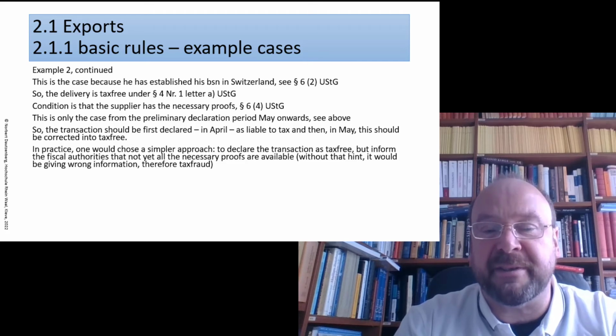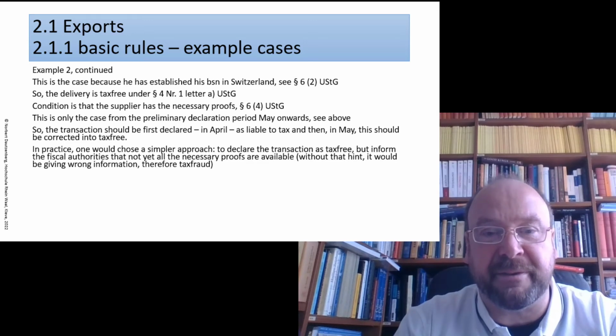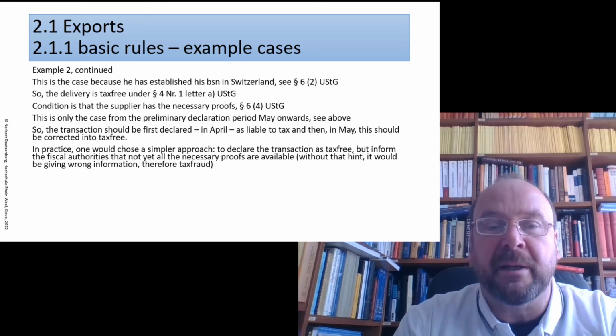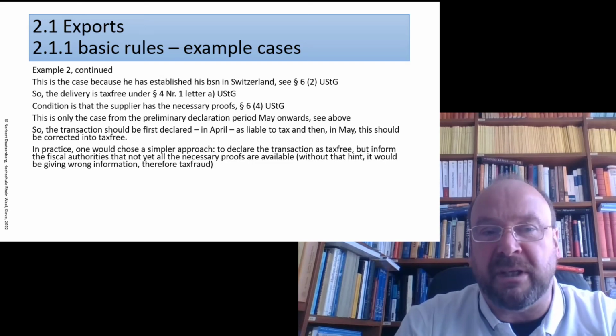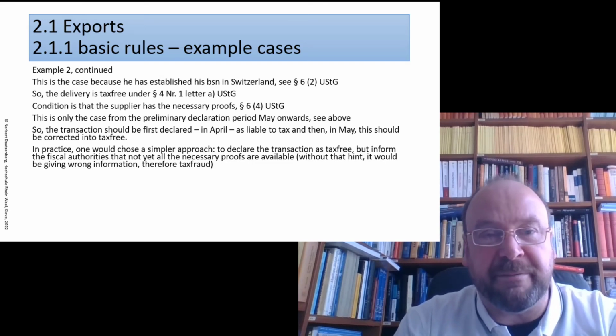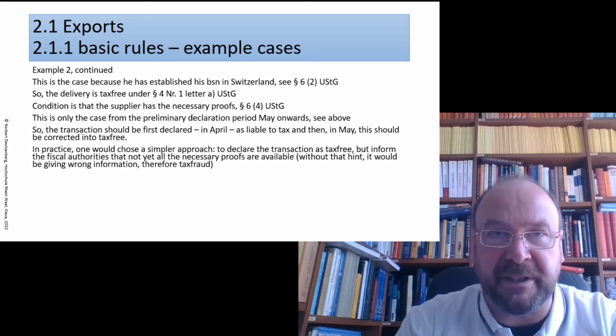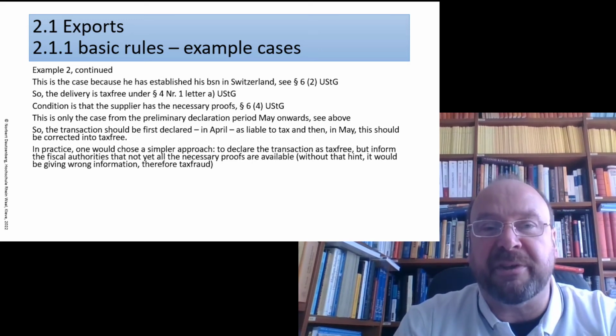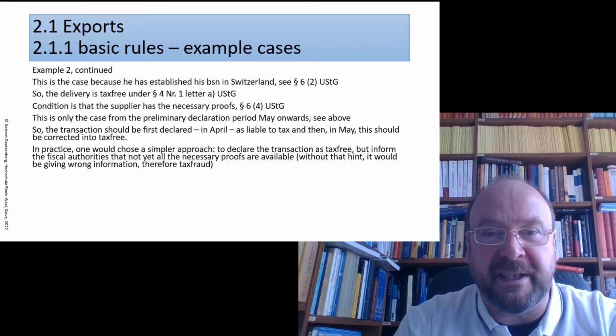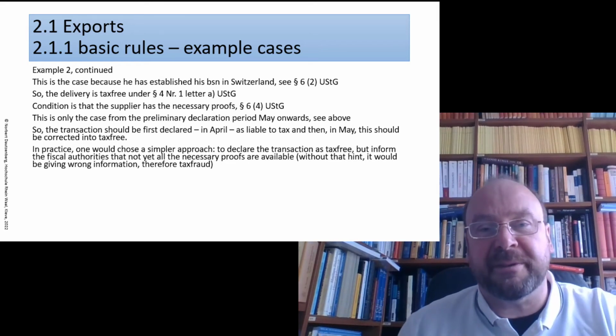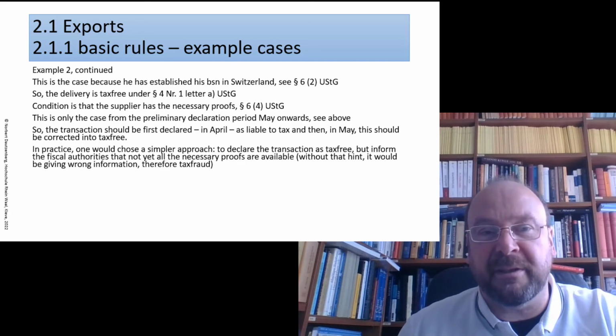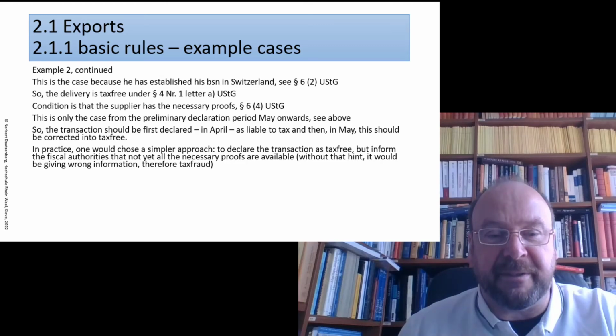You would declare the transaction as tax-free, but would add a hint to the fiscal authorities that the full documentation is not yet present and will arrive later, and that you will inform them if the full documentation doesn't come. Without such a hint, just to say it's tax-free, although a few of the proofs are still missing, would be giving wrong information, which leads to a tax advantage.